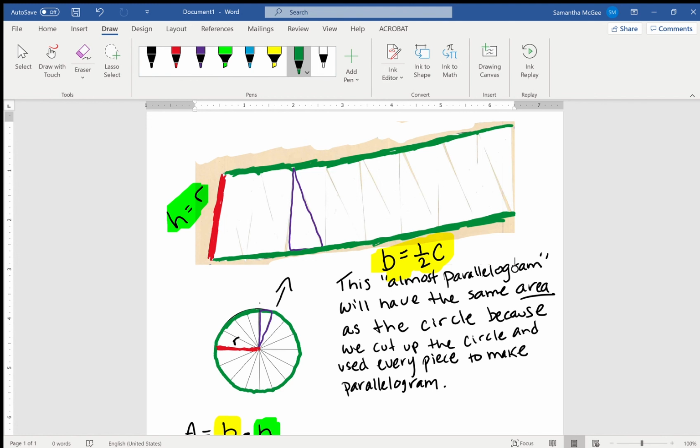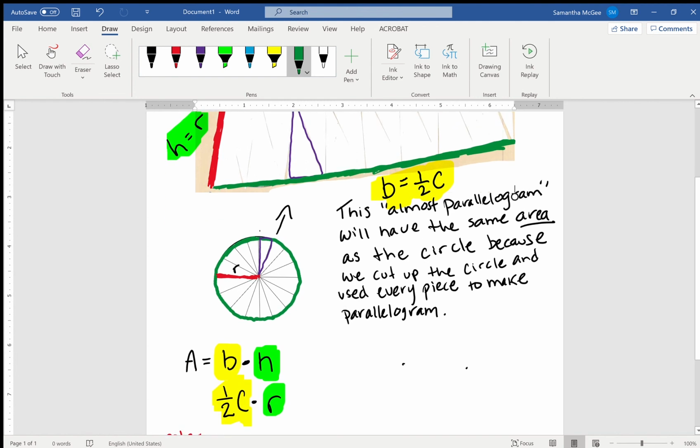So if we wanted to find the area of the circle, we could also just look at the area of the parallelogram that was formed when we cut up the circle. The area of our parallelogram is base times height. We just got done saying that our base is half of the circumference, and our height is the radius.